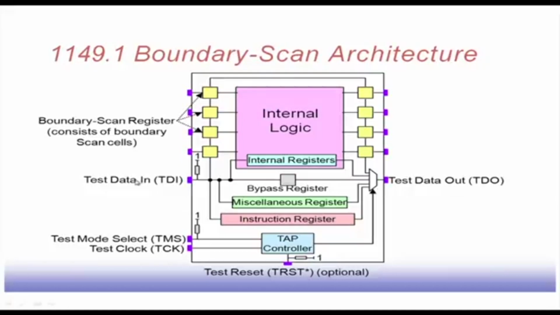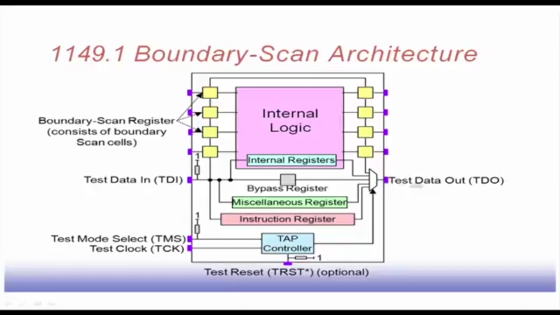So, there is a serial test data input pin and there is a serial test data output pin. So, if this test data input is kept floating, then it is tied high. Similarly, there are some other points where it is tied high. Now, this test data input can go to various places, like it can go to this chain of scan cells, okay. It can go to this instruction register, or there are some other miscellaneous registers that we will see, and also there is a bypass register.